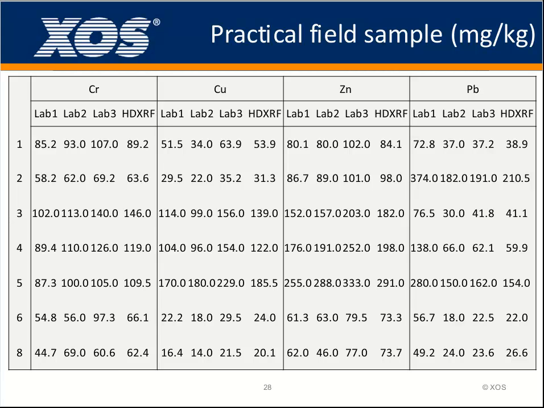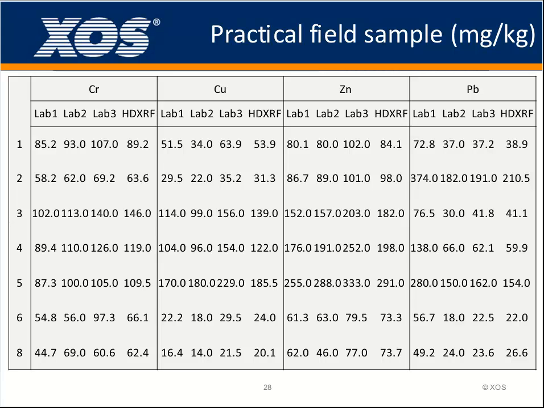And if we look at these numbers seriously, we can find some problems of the lab analysis. For the lab 1 result, we can see the result is almost twice the number compared with lab 2, lab 3, and HDXRF.